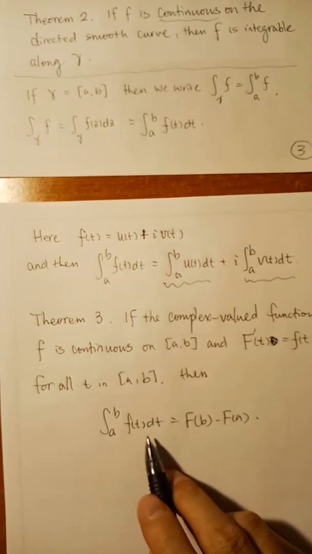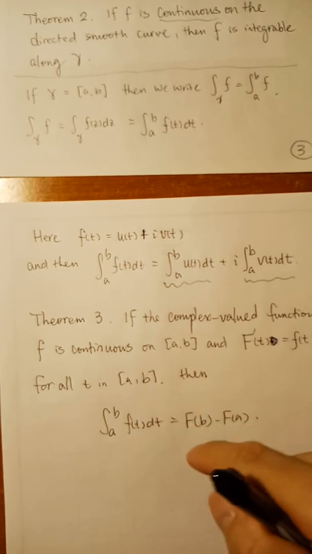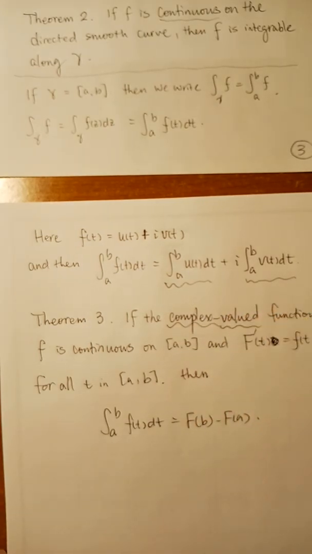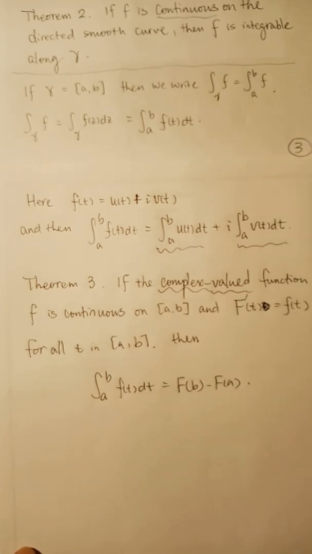So the integral of f(t) dt from a to b is equal to capital F(b) minus capital F(a). So this is the complex version of the fundamental theorem of calculus, second part.